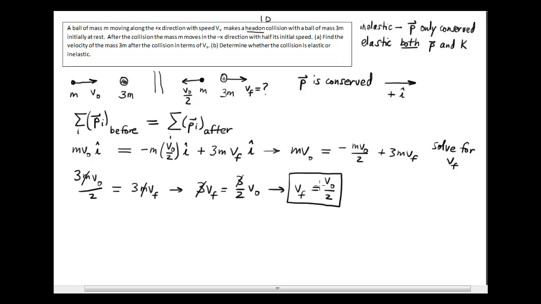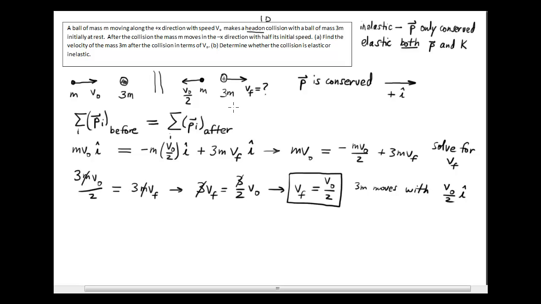If for some reason I had gotten a minus answer for this, it would simply mean the magnitude's correct, but the direction is then opposite to what I chose when I set the problem up. Okay, so that's the correct speed. So we can say that 3m moves with a velocity v0 over 2 in the i hat direction. That way it makes it clear that our answer tells us that it's moving in the positive direction.